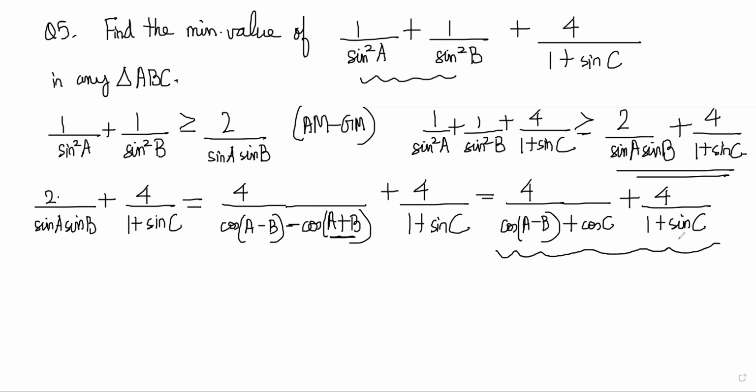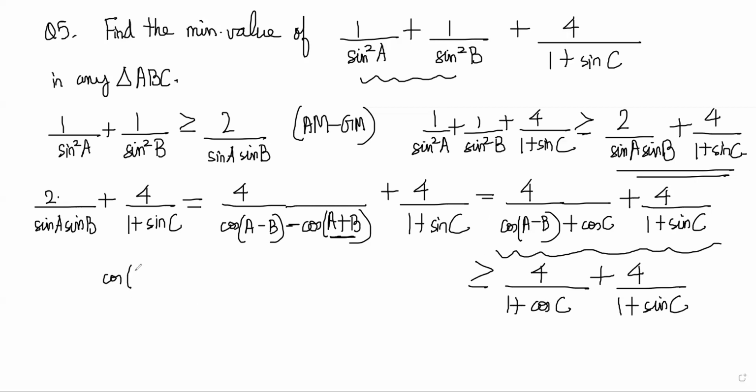At this step, we can say that this term will be greater than or equal to 4 by 1 plus cos C plus 4 by 1 plus sine C, because cos of (A minus B) is less than or equal to 1, right? Since cos of (A minus B) is less than or equal to 1, if we replace this with a larger term, the fraction is actually lesser than this, right?